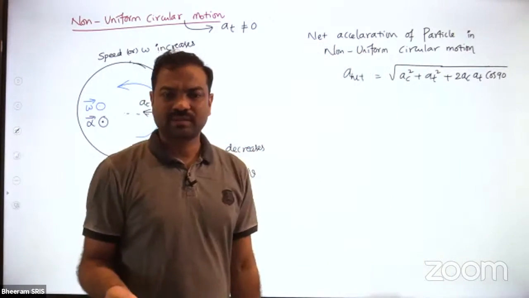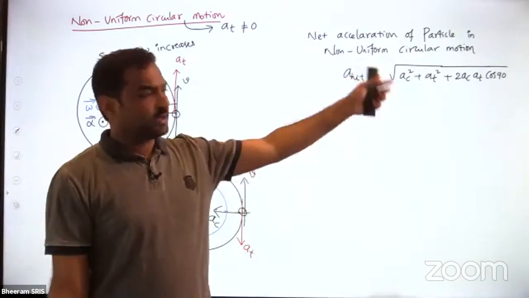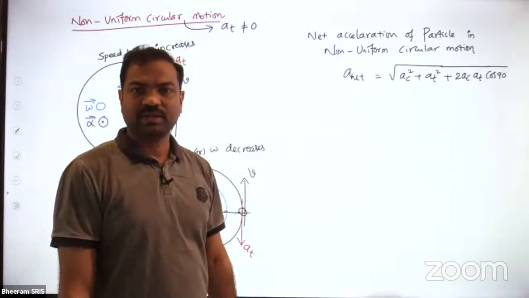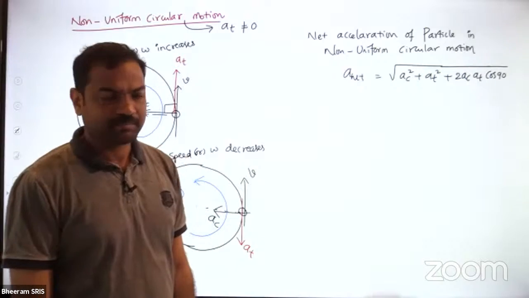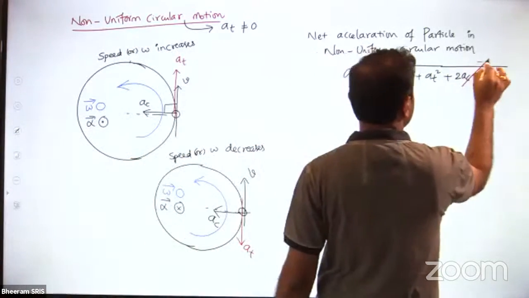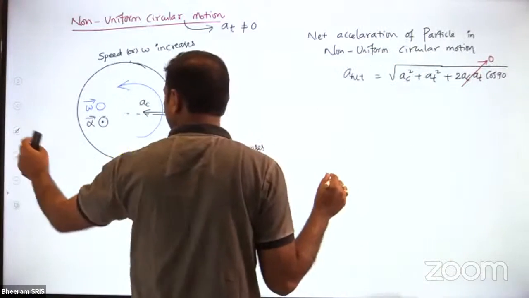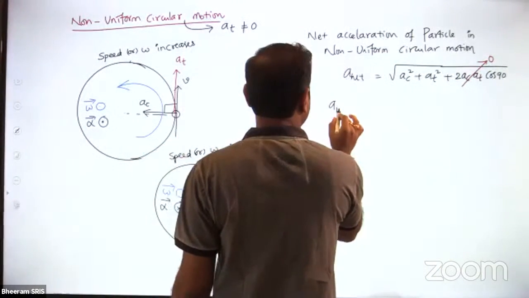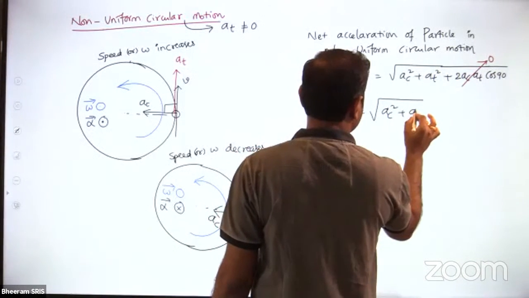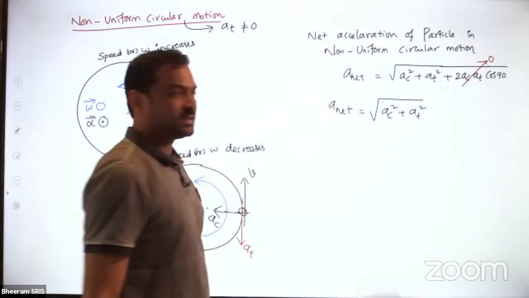Simply we can write root of A square plus B square also, but I want to show you that I am using the vector resultant formula, root of A square plus B square plus 2AB cos theta. Obviously the third term goes to 0. As the third term is 0, the net acceleration is root of AC square plus AT square.